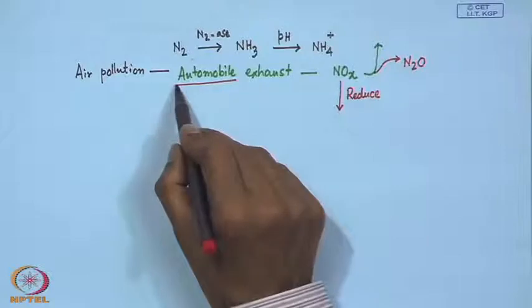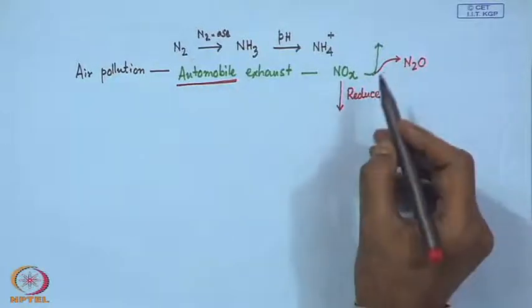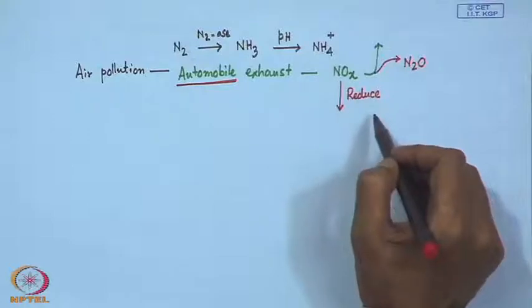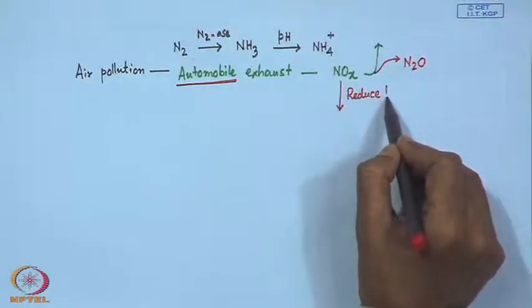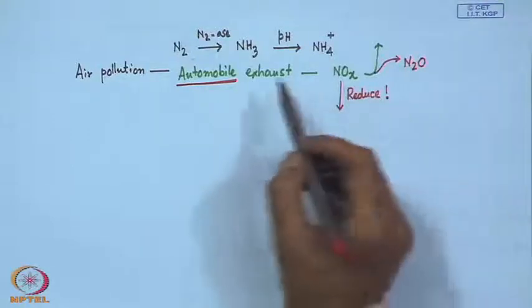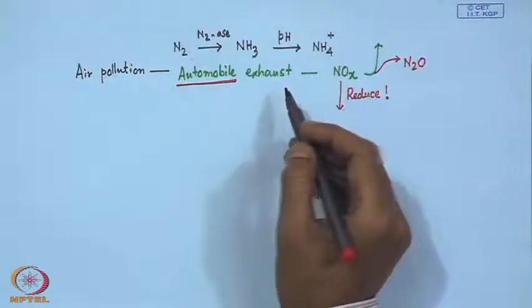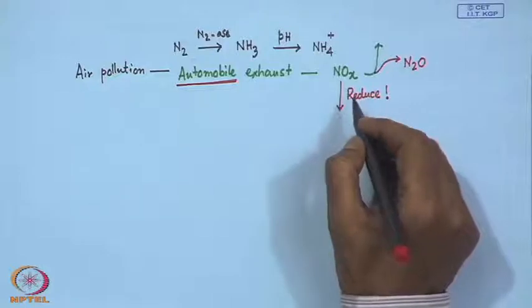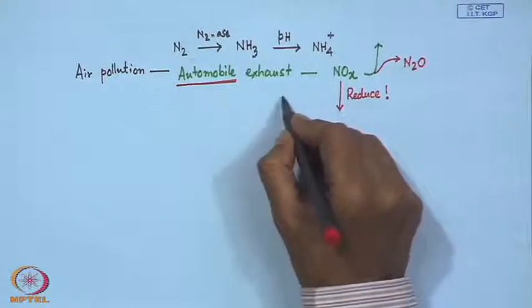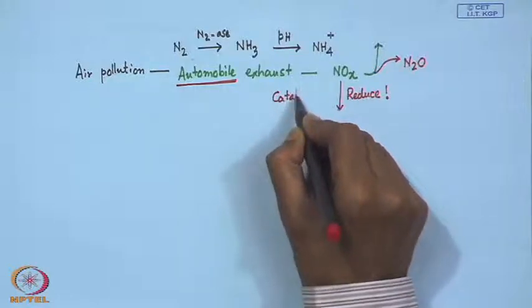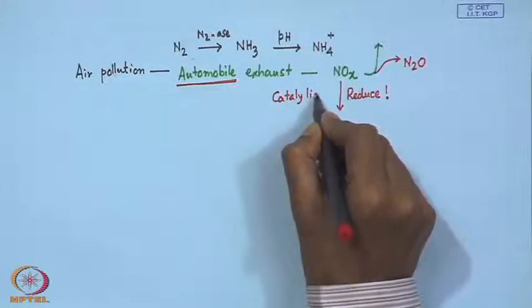We have to burn fossil fuels in any form, and along with all other gases the NOx is coming. So, how do we reduce the concentration of the NOx? That is why all these automobiles, the cars, buses and trucks, are nowadays fitted with converters which are known as catalytic converters.